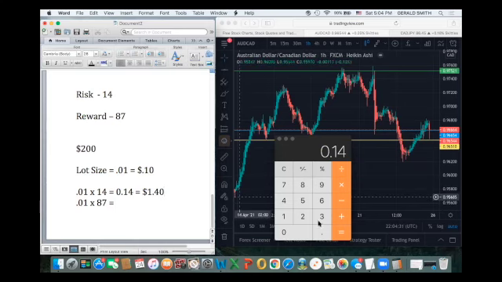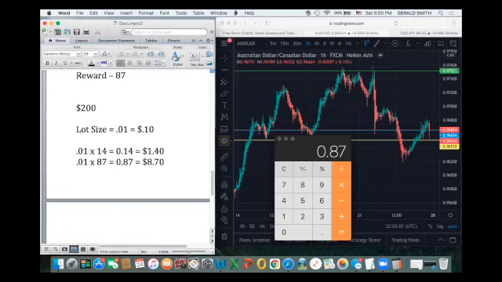How much would you be gaining? 0.087, one decimal point to the right. And that's on a $200 account. Now that's just the lowest amount you can actually put on any trade, 0.01.